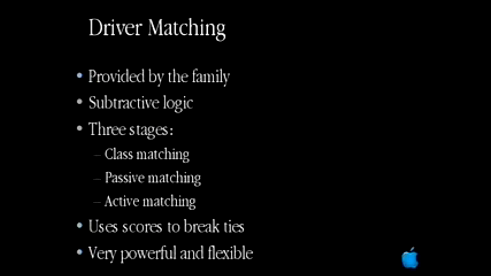Once that's done, it's up to the family to take that list of drivers and then apply what we call passive matching. The reason we call it passive matching is that it's passive from the driver developer's point of view. The person writing the driver doesn't write any code here. You put some matching strings in your definition file, and the family will look at that file and those strings and decide if you're a candidate for further matching or if you should be excluded.